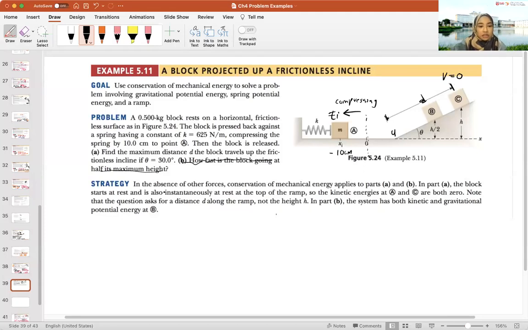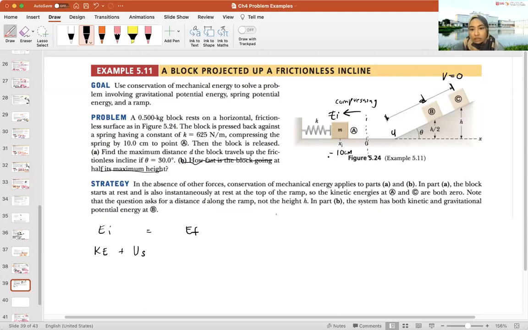So how do we do this? So let's look at the strategy. In the absence of other forces, conservation of mechanical energy applies to part A and part B. In part A, the block starts at rest. So our tadi EI equals EF, betul tak? We have EI equals EF, and this is equal to KE plus US, spring.